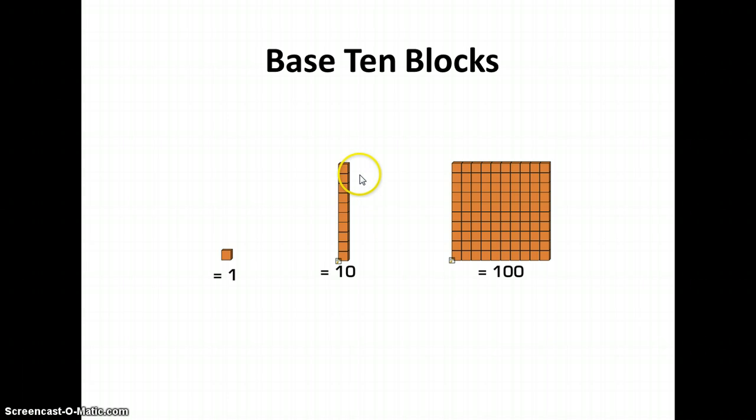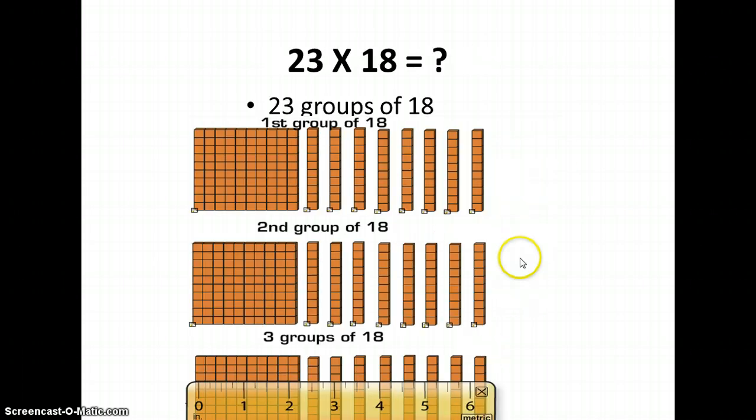And this is because there are 10 total individual blocks right here, so that would mean it equals 10. And there are 100 individual blocks right here, which means there are 100.